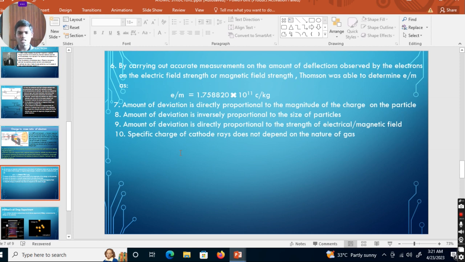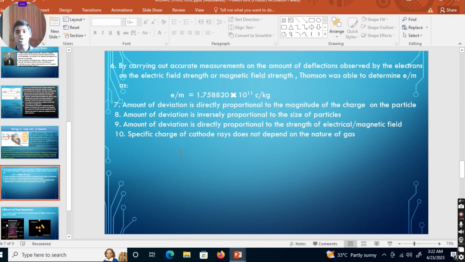The charge to mass ratio of the electron is 1.758820 × 10^11 coulomb per kg.